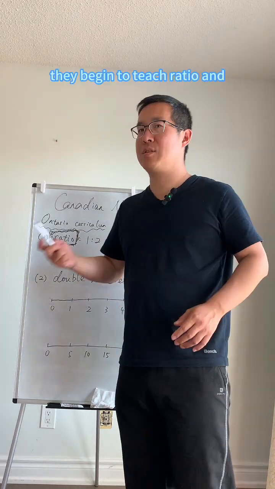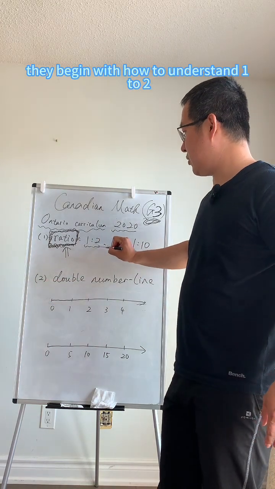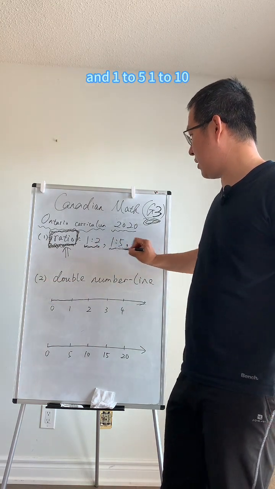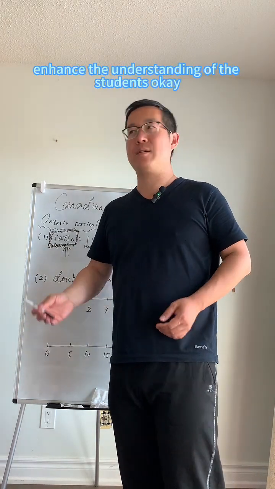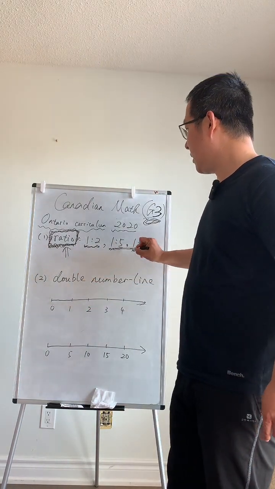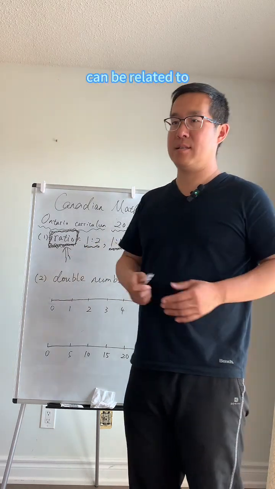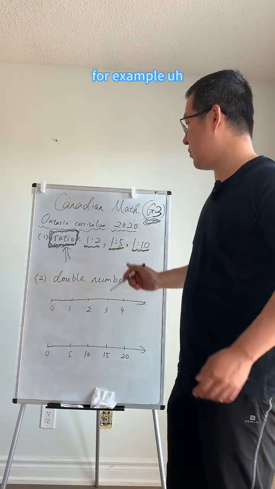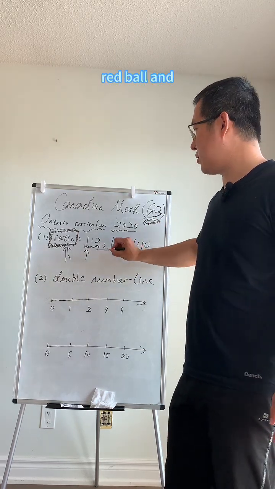And they begin to teach ratio, and they do not teach all of the things. They begin with how to understand 1 to 2 and 1 to 5, 1 to 10. And they use various examples to enhance the understanding of the students. The ratio can be related to multiples. For example, I have 1 red ball and 2 yellow balls.